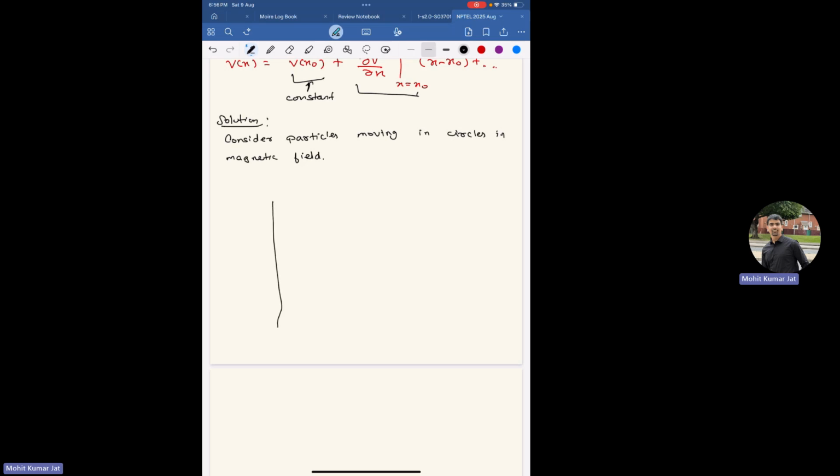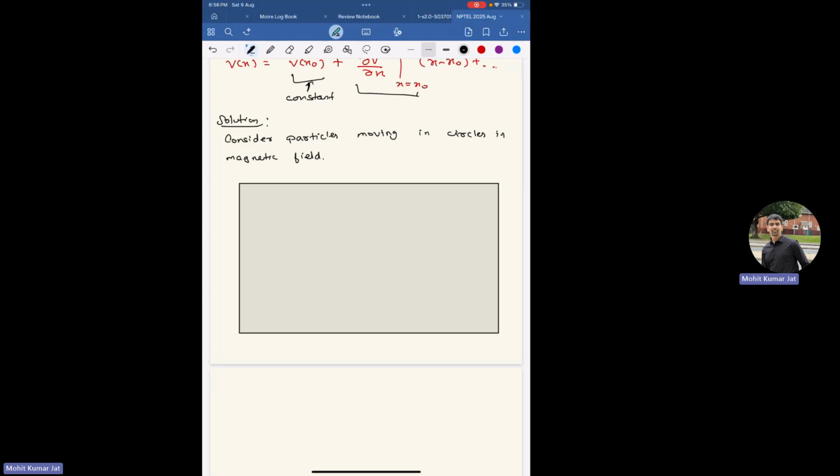For example, you have this big two-dimensional electron gas in which your carriers are moving, and initially they were moving in zero magnetic field. Now you have applied a perpendicular magnetic field. What will happen? Your carriers will start orbiting, like this, like this. So all of these orbits will be circular and of the same size.